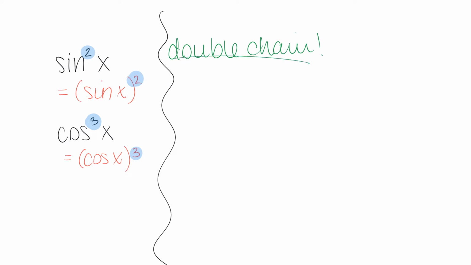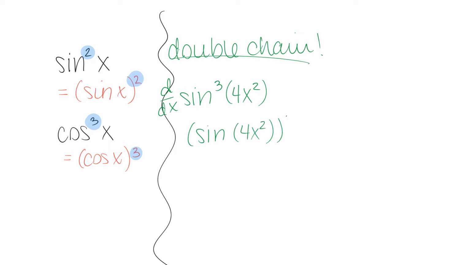Okay, so double chain. If we have sine cubed of 4x squared, and we want to take the derivative of that, I'm going to start off by rewriting this: sine of 4x squared, all cubed.